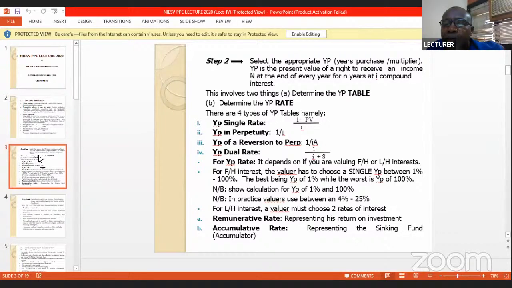If you go to your valuation table, the column that represents YP is the present value of 1 naira per annum. If you go back to the construction and analysis of valuation table, you will see that there is a table that is called present value. There is also a table that is called present value of 1 naira per annum. There are two different things. They are not the same.